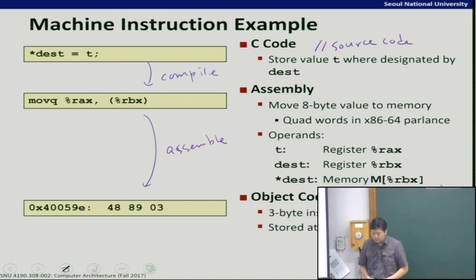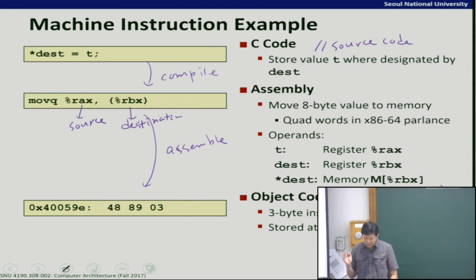Okay? So what this C code does is store the value of t to the location pointed to by the variable. That's the pointer, right? In assembly code, this is realized by the move instruction. This one is the source, and this is the destination.